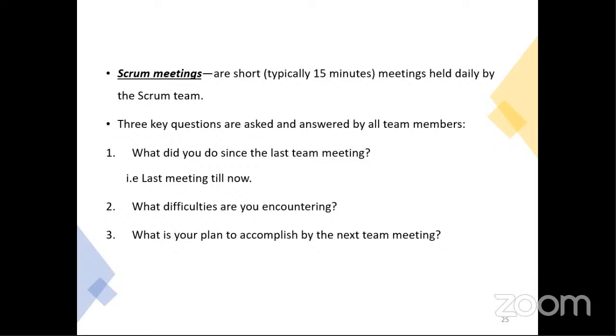So from the last meeting till now, what you have done, are there any difficulties, and what is your plan to complete by the next team meeting, that is by tomorrow? These questions are answered by all the team members. If there are any difficulties, those are solved by the Scrum Master.